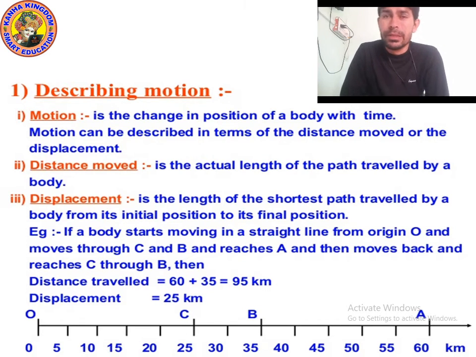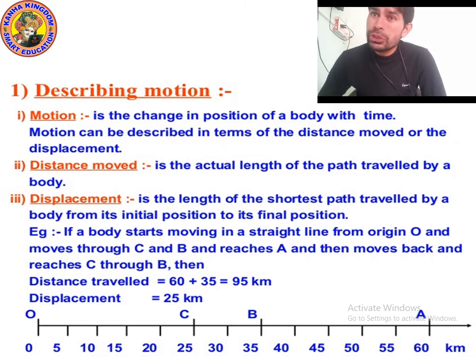What is displacement? Displacement is the shortest path traveled by any object from initial position to final position. It is the shortest path. Suppose you start walking from Kana Kingdom school to your house.